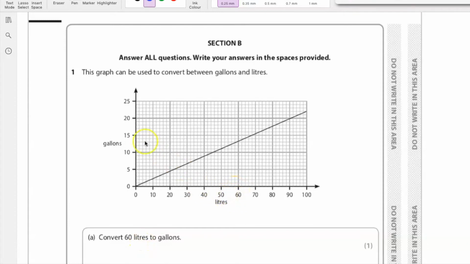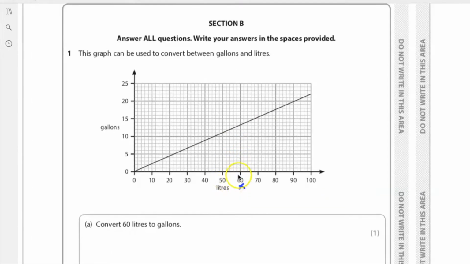Here is my 60 liters. I'll need to trace 60 liters, draw a line straight up to meet the line in the middle. Now we trace it to gallons.